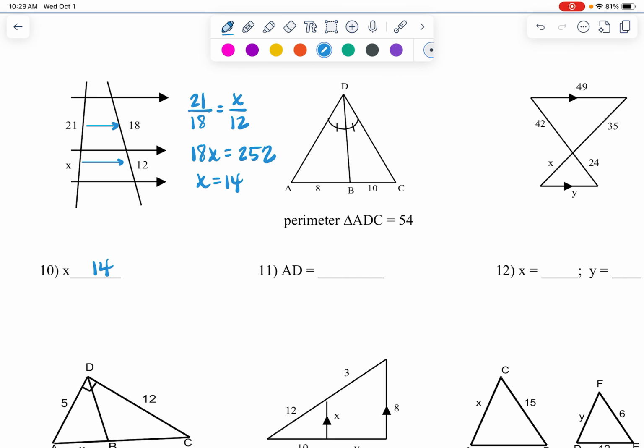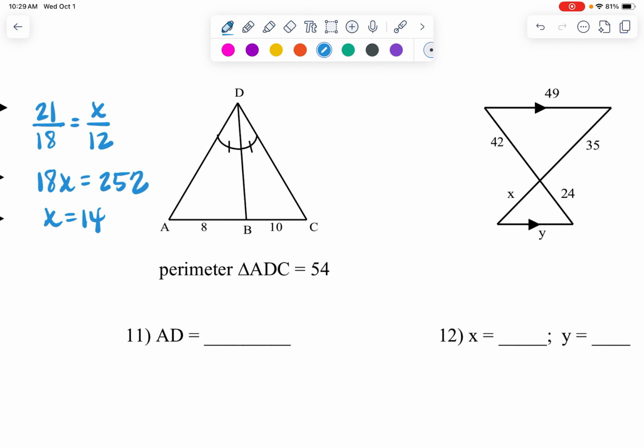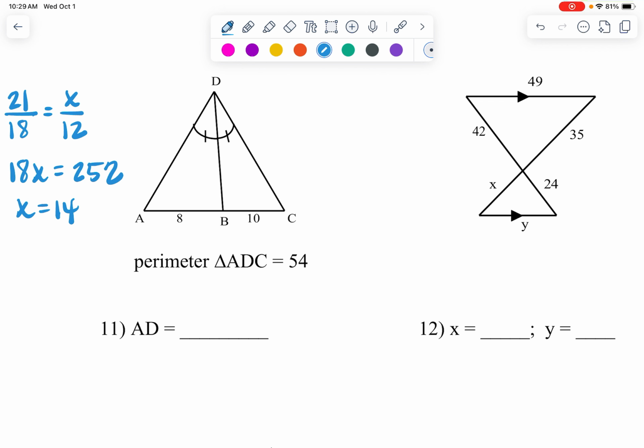All right, this one is super fun because it's clearly an angle bisector problem, which means this side is to its 8 as this side is to its 10. So that's how that theorem works out.